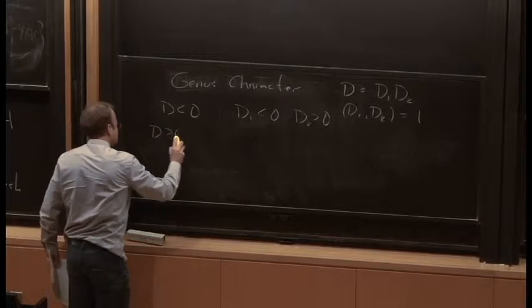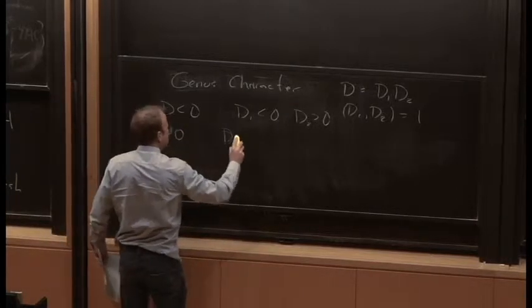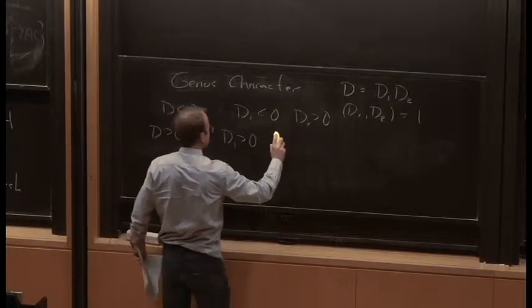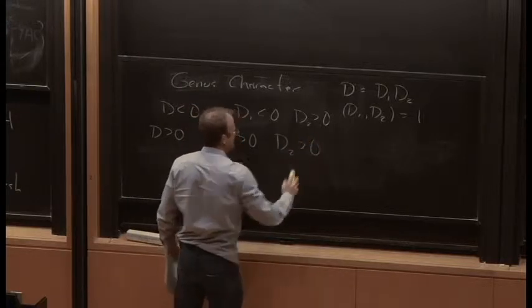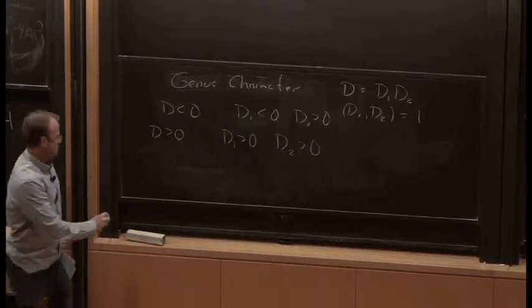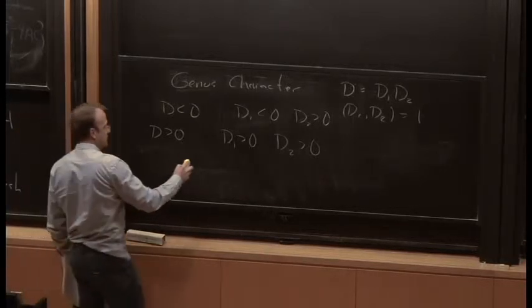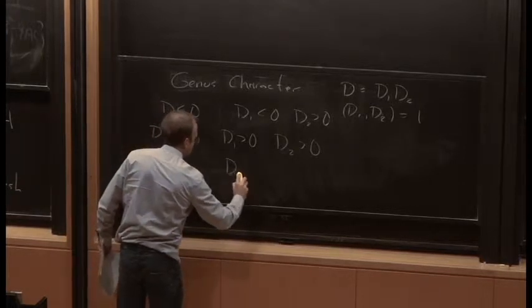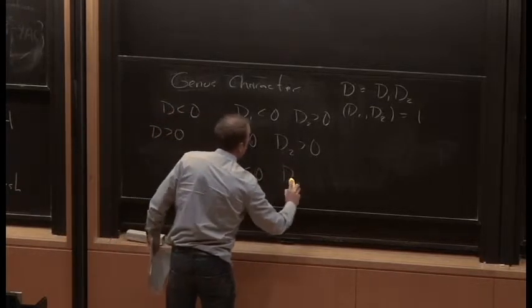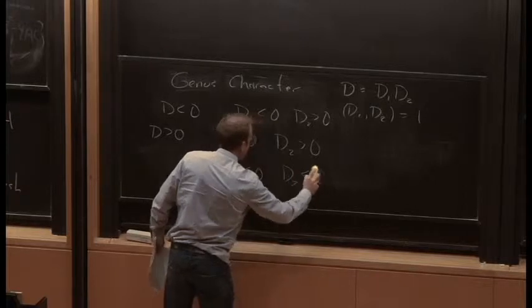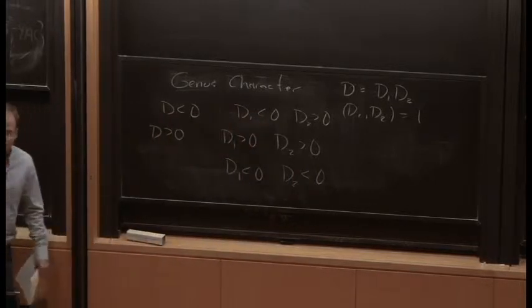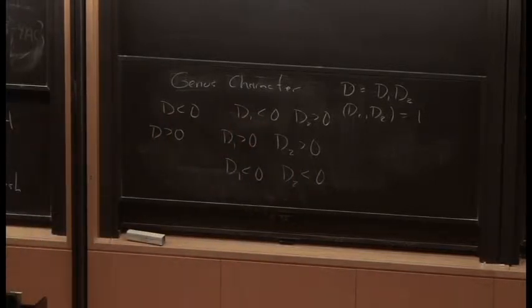If D is positive, it's a little different though. You can have one situation where both of the factors are positive, and that's very similar actually to this. But if there's a prime congruent to 3 mod 4 that divides D, you can have factorizations where they're both negative. This doesn't always happen, but nice things happen when it does, because, for example, the orientations of the geodesics come in pairs now.